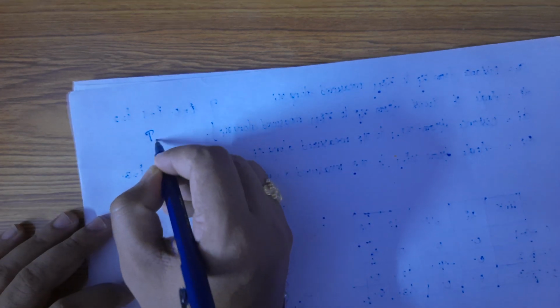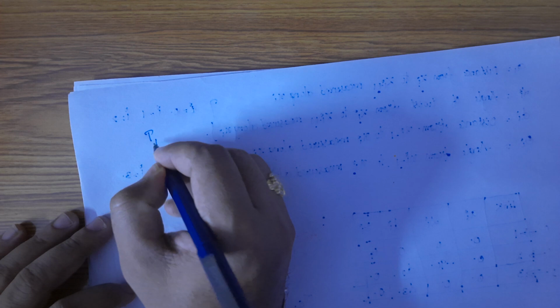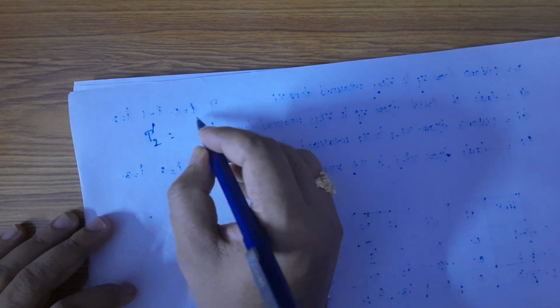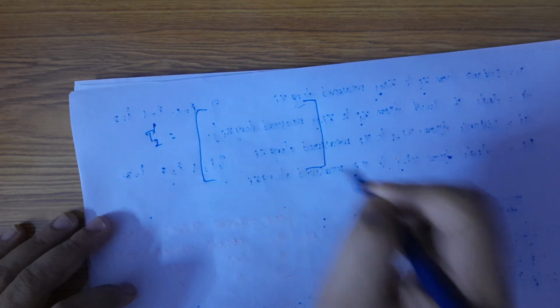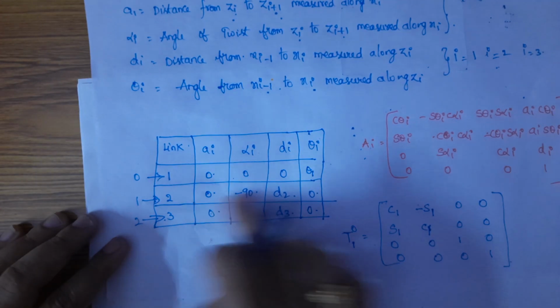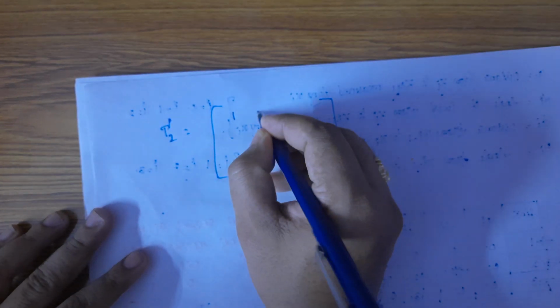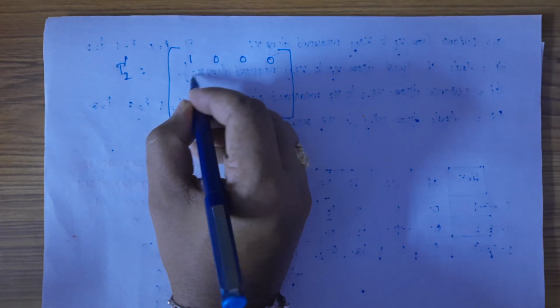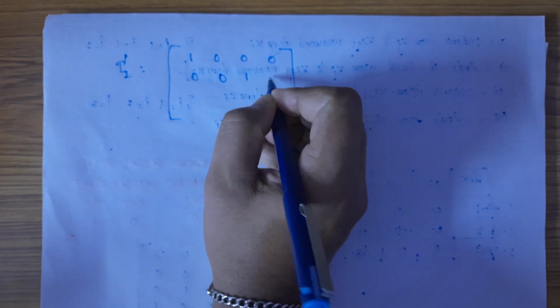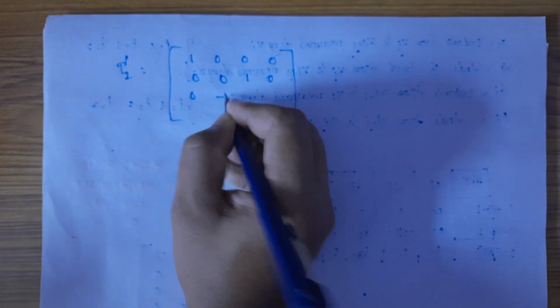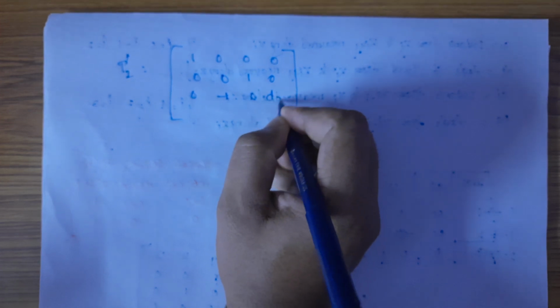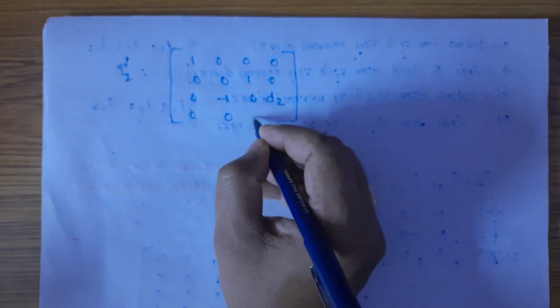Transformation of second frame with respect to first frame, after placing the values of second link, I have got an answer of [1, 0, 0, 0; 0, 0, 1, 0; 0, minus 1, 0, d2; 0, 0, 0, 1].